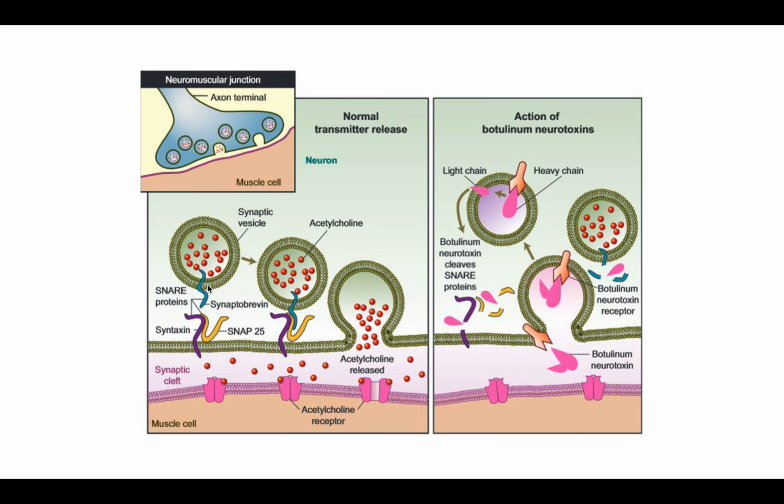The synaptobrevin is in with the synaptic vesicle, and it's the protein that is a part of the cellular vesicle membrane. SNAP25 and syntaxin are already together, with syntaxin being a part of the actual neuron membrane.